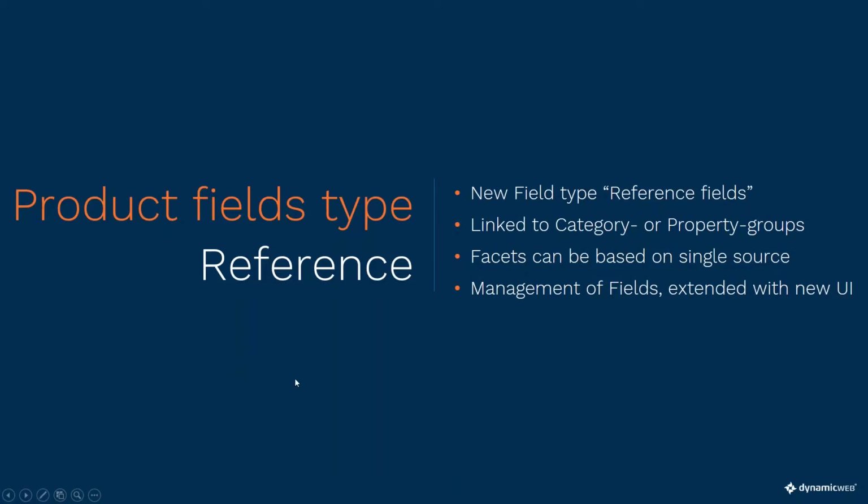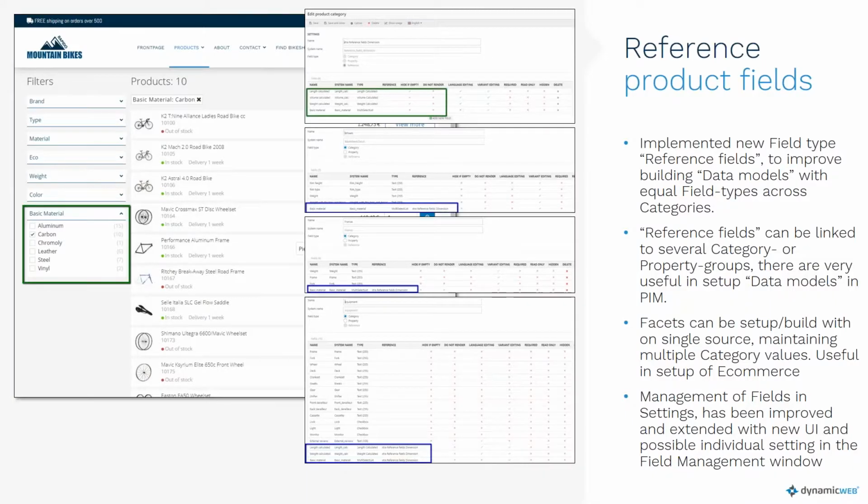Now we get to a new thing we call the reference fields. This is a new type of field we can define in our category field grouping. Seen on the screen here, I have shown it on a facet on the front page where you have this basic material.